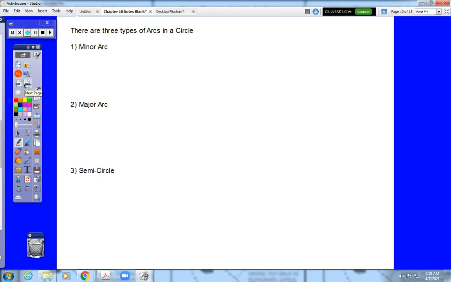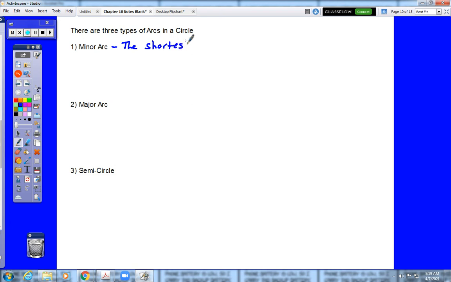So there are 3 types of arcs in a circle. Okay? The first type, and the one we'll use the most often, is called a minor arc. A minor arc is the shortest arc connecting 2 points on a circle.